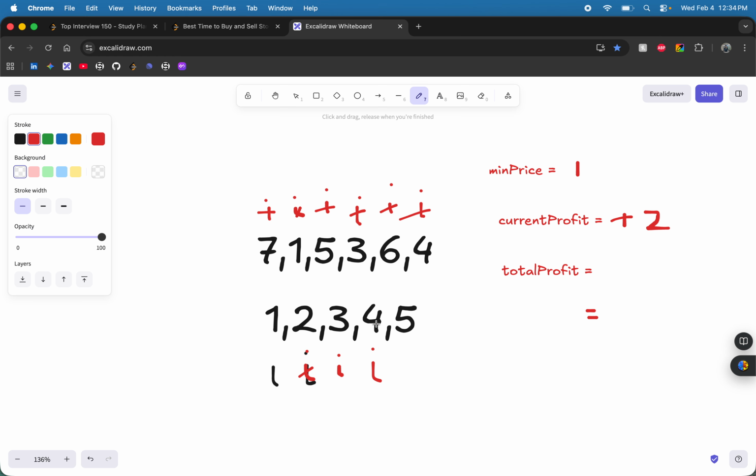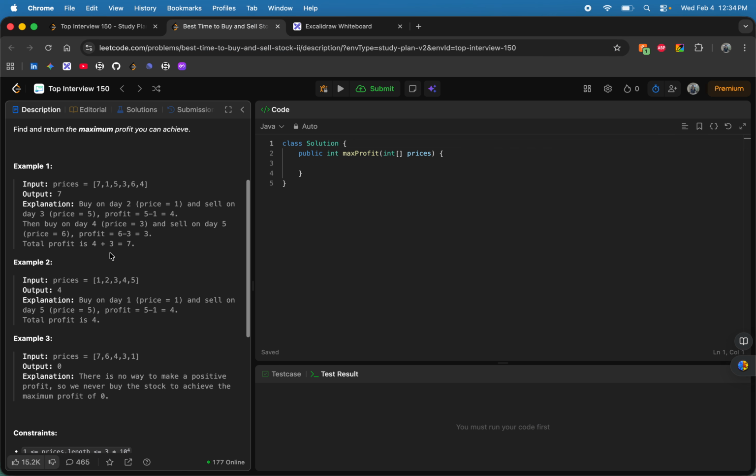Then we come here, 4 minus 1 is 3. We come here, 5 minus 1 is 4. At the end we will update the total profit, so total profit will be 0 plus 4, which is 4. And I think that's the answer.